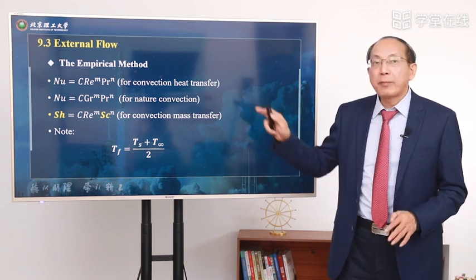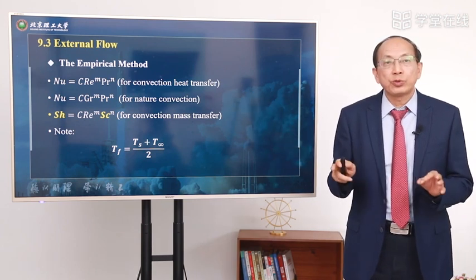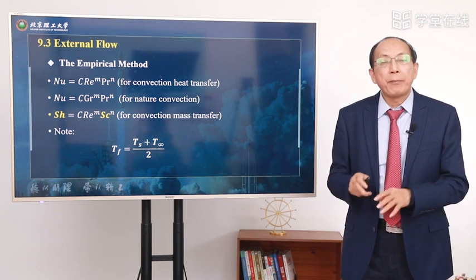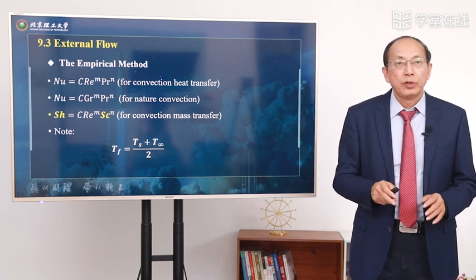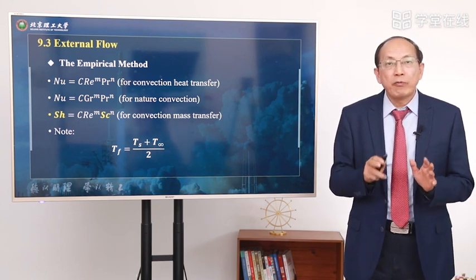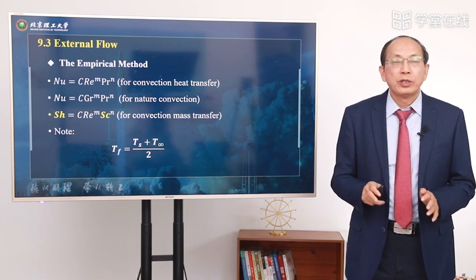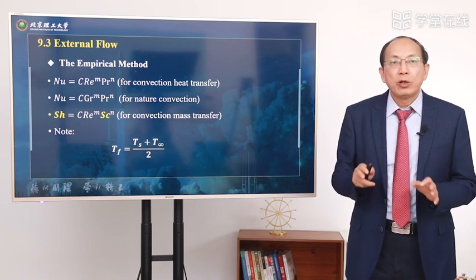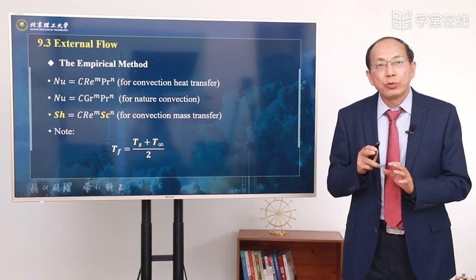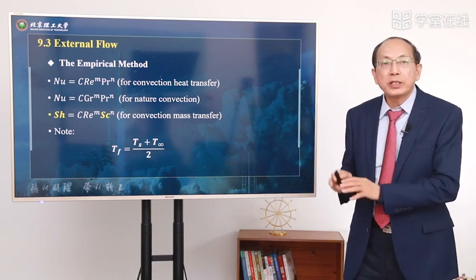Always the Nusselt number is related to the Reynolds number and Prandtl number. For convection mass transfer, the Sherwood number is always related to the Reynolds number and Schmidt number.